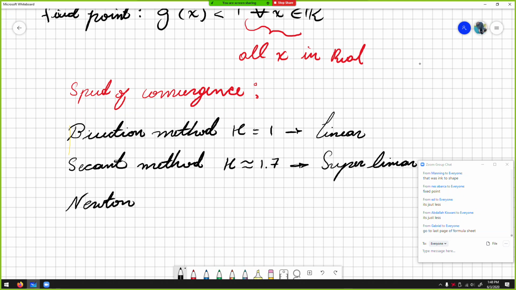The speed of convergence is 2, which, as you might be guessing, means the speed of convergence is quadratic. So for bisection method, the speed of convergence is 1, which makes it linear. For the secant method, k is approximately 1.7, so it's superlinear. And for Newton-Raphson, k is equal to 2, which makes it quadratic.